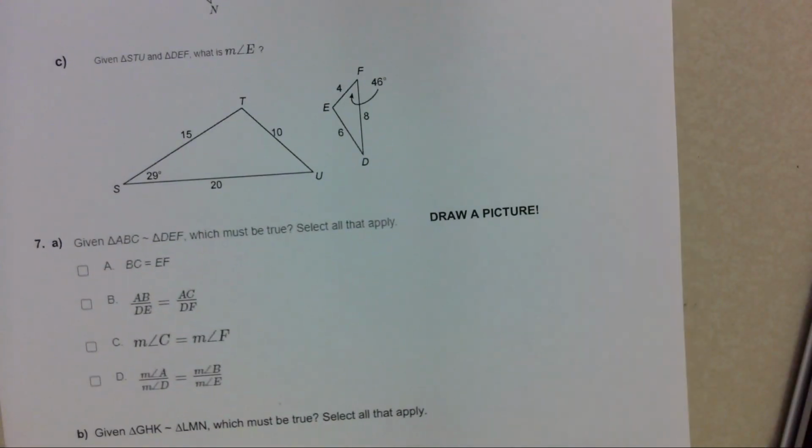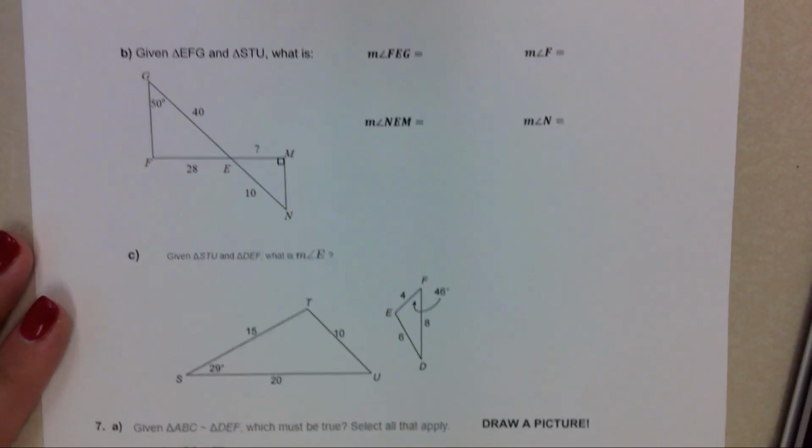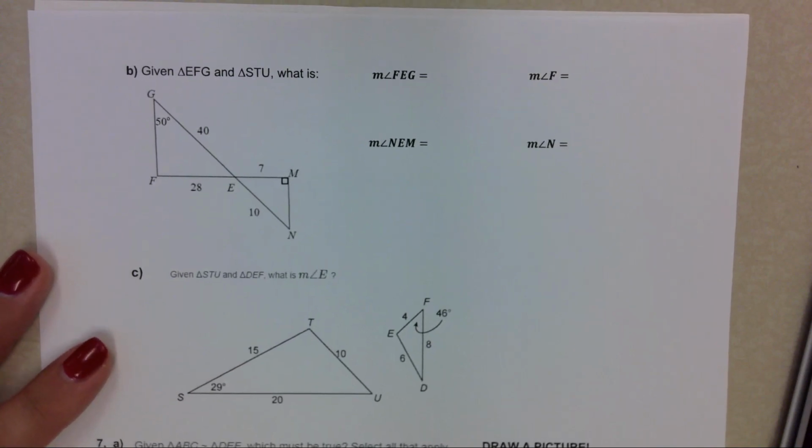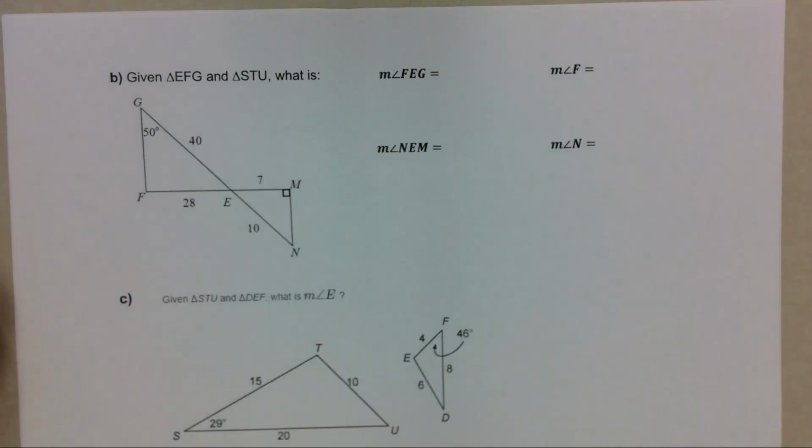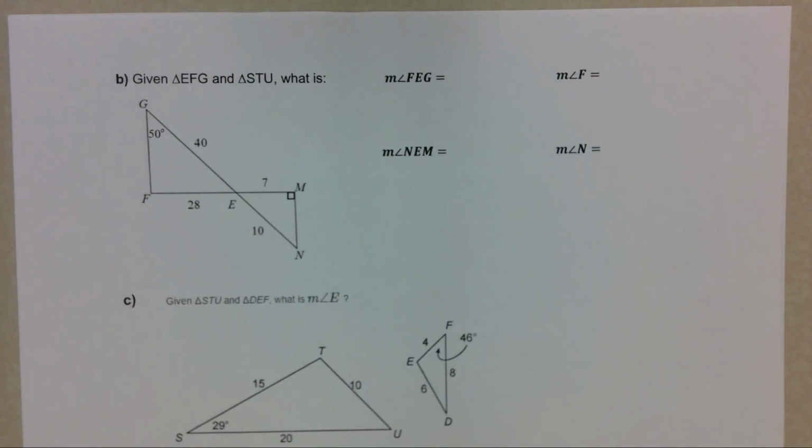We're going to try that same thing with B next. First, we've got to figure out if these are similar. Okay, so how do we go about showing these triangles are similar?